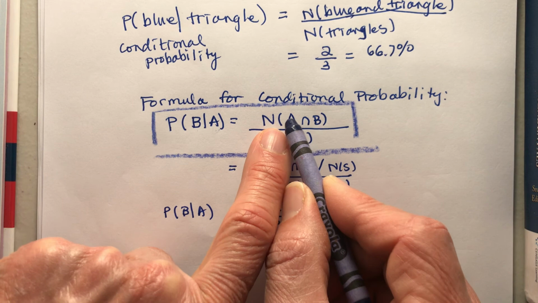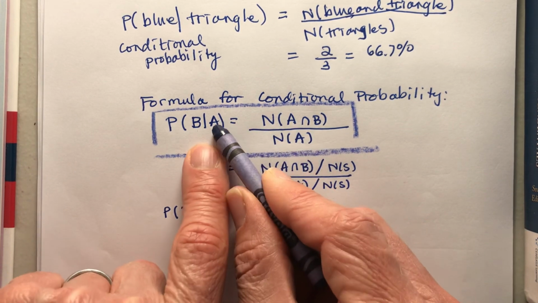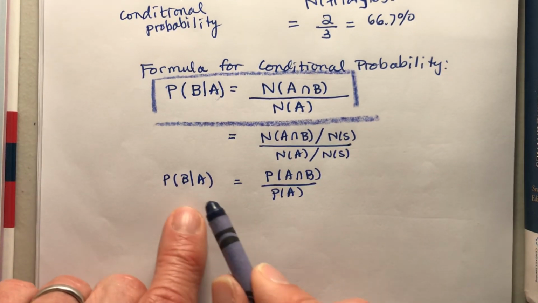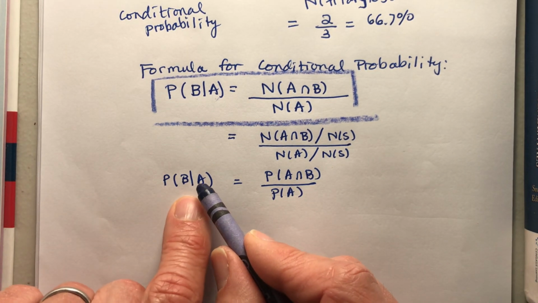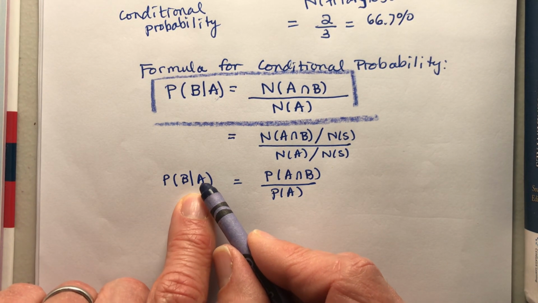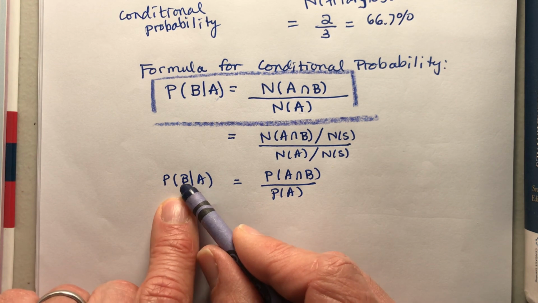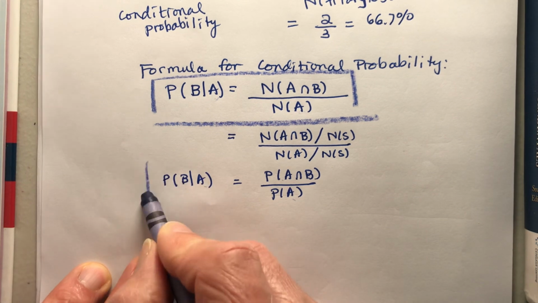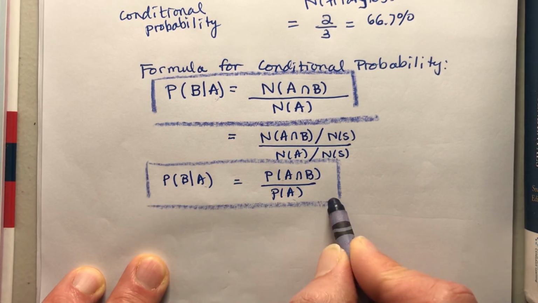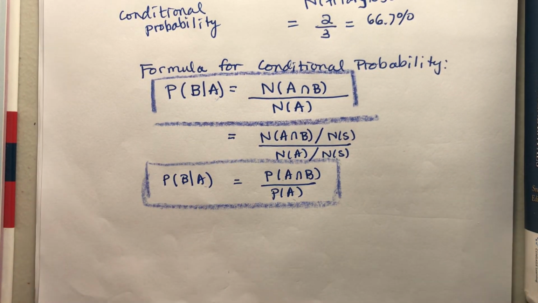We find those things that are A and B and divide by the number in A. But you can also look in terms of probabilities. You can find the probability of B given A as the probability of A and B divided by the probability of A. So we have those two different formulas that we can use to find conditional probabilities.